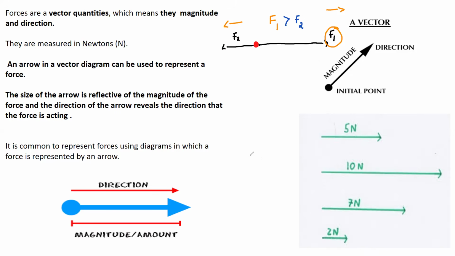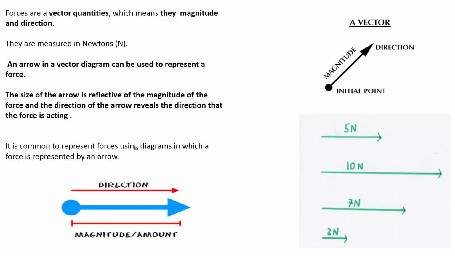So I need us to understand this. The size represents the magnitude of that particular force, and the direction of the arrow also indicates the direction of the force. So please don't forget, a force is a vector.